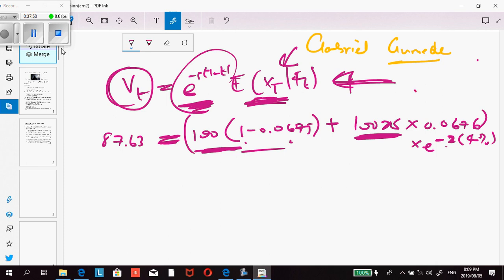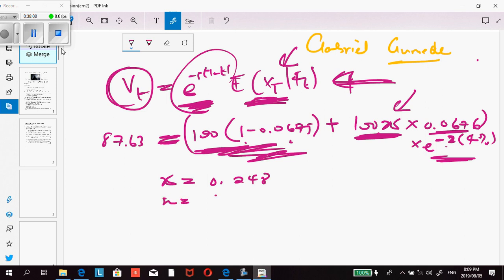Now you have to solve for X here. You're going to divide by this on both sides, subtract this, then divide by 100 times this. And that is the equation you can solve. I'm sure you're going to get 0.248. Rounding off, you're going to get 25%. So that is your value of X.